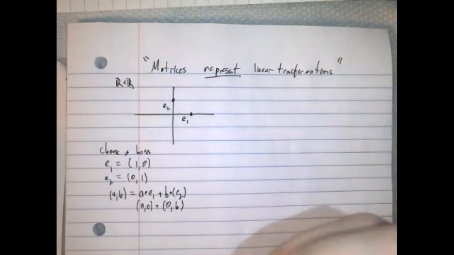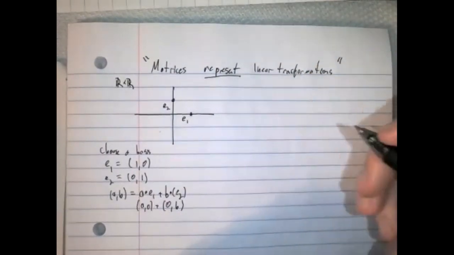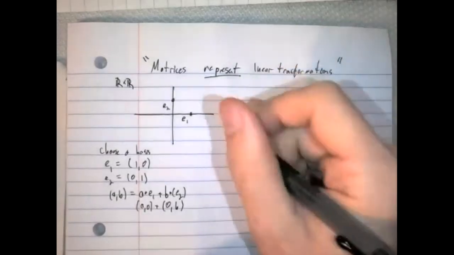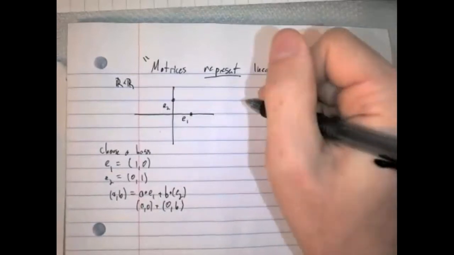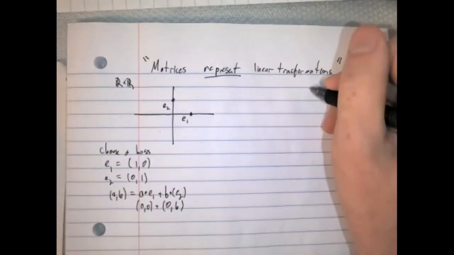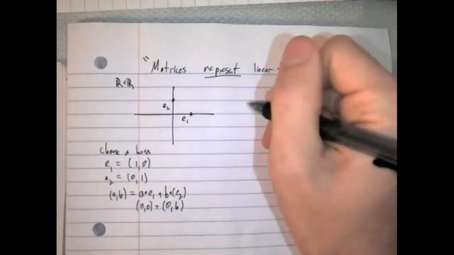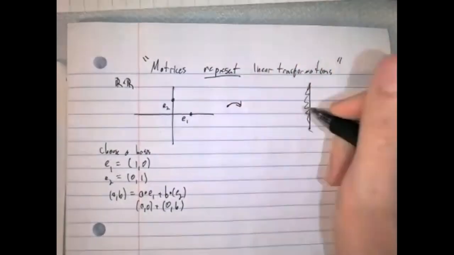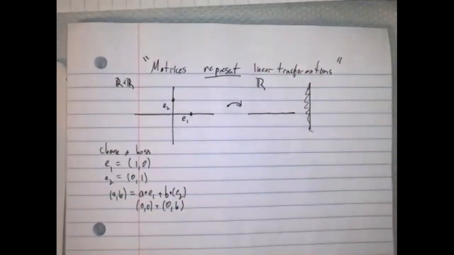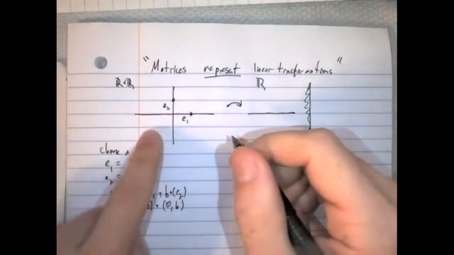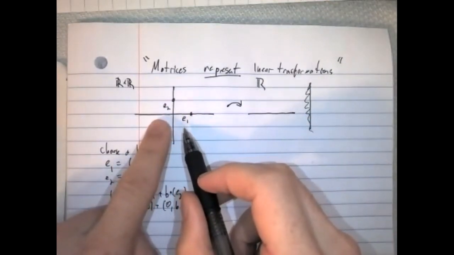I'm afraid I'm about to do a very bad lecture. Okay, so what I want to do is show you some way in which a matrix can represent the linear transformation that we want. I want to map this to R. And I can specify what I want my linear transformation to do by specifying what it does on a basis.